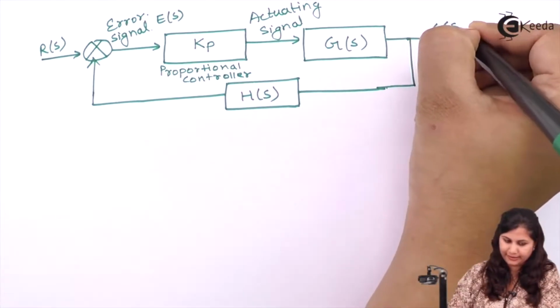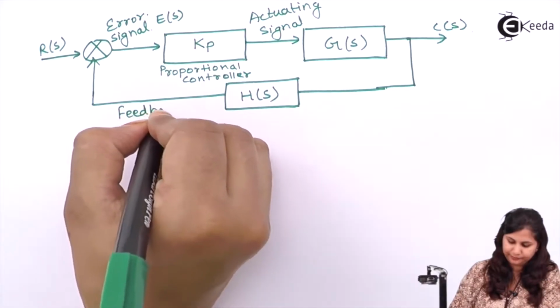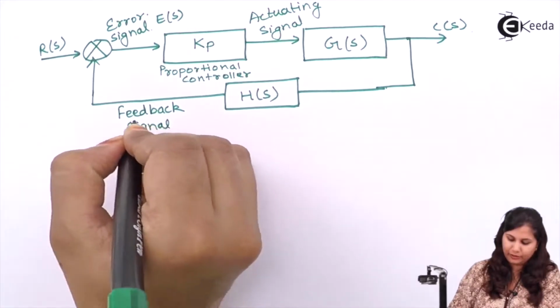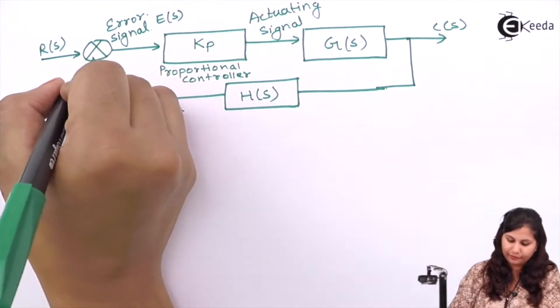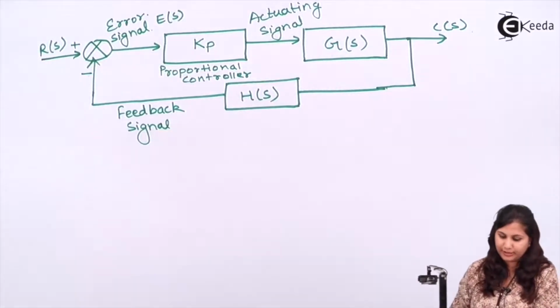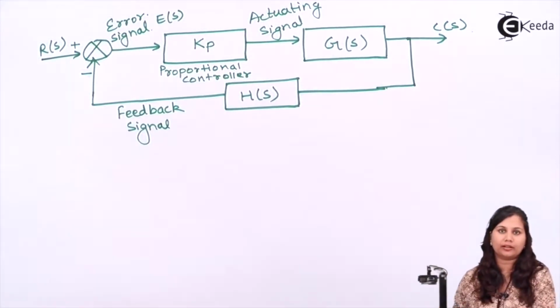This is our output C(s), and this is the feedback signal. The error signal is equal to the difference of the reference input and the feedback signal, so we have put a negative sign here. So this is the feedback control system with a proportional controller.